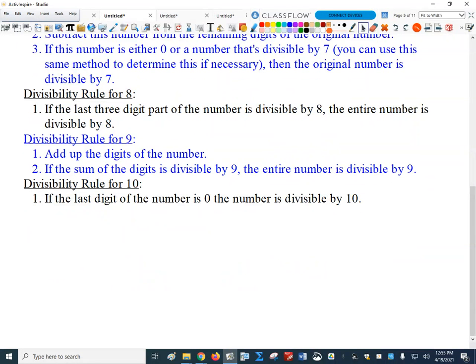I could take just a stupidly big number, a number like this full of 9s.